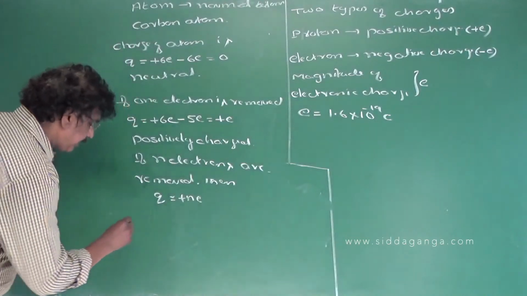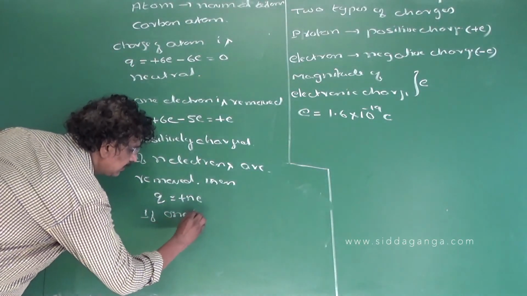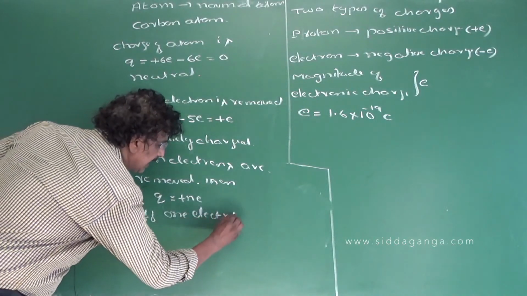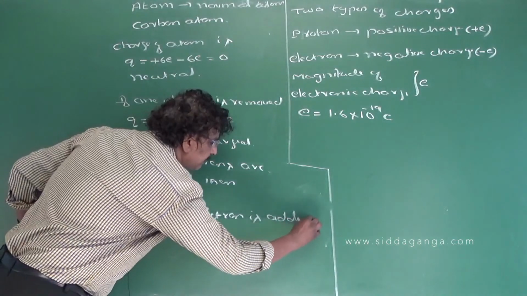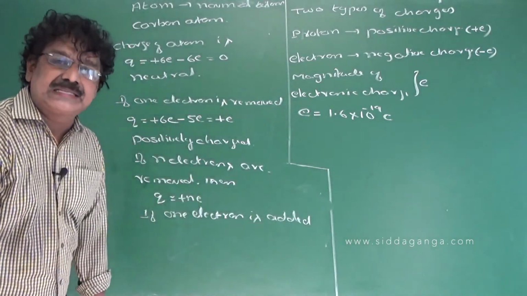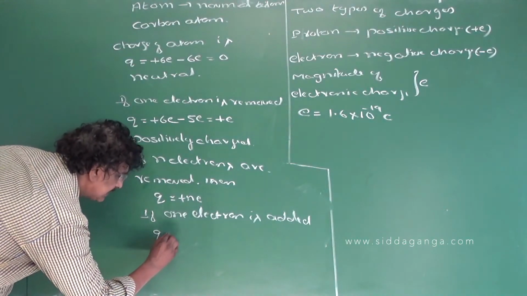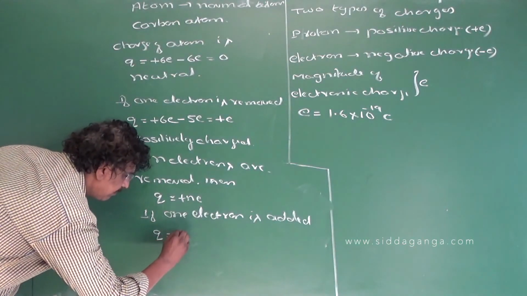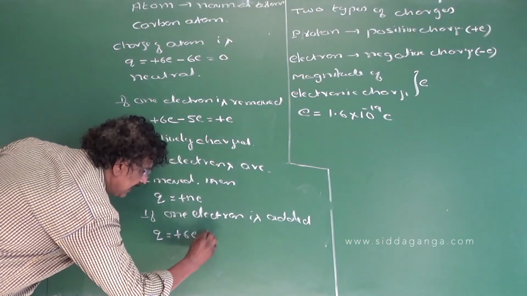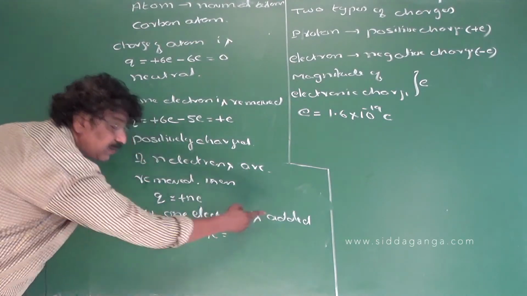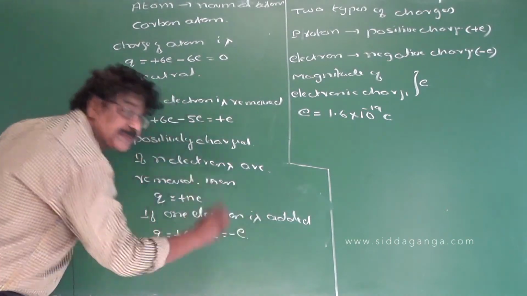Similarly, if one electron is added, then the charge of the same atom becomes plus 6e minus 7e, which is minus e.